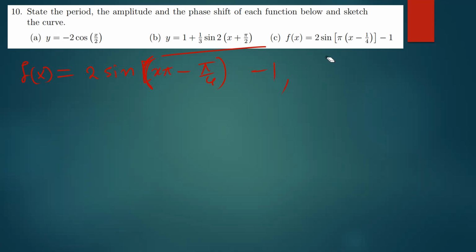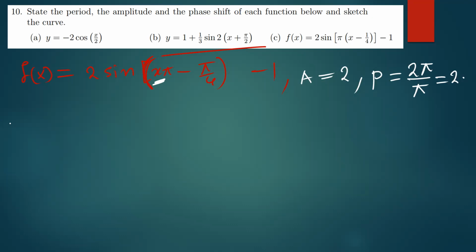The amplitude is simply the coefficient of the trig ratio. So this would be 2. And then the period is going to be equal to 2 pi divided by the coefficient of x there, which is pi. So if I divide this by pi, it means that the period is 2.